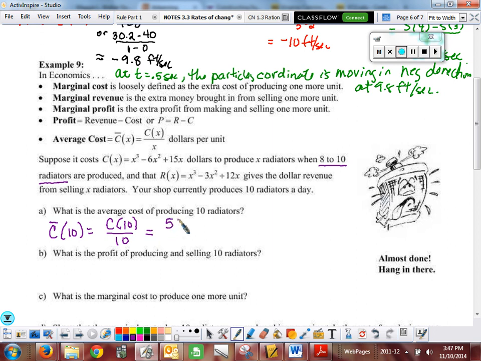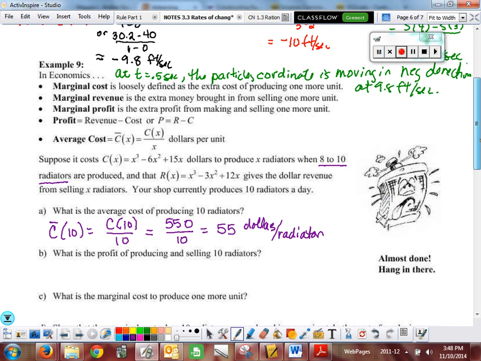You're going to get $550, which is how much it's costing you that day to produce those radiators, maybe in labor cost, the electricity for running your equipment, and the supplies you have bought. You divide that by 10, and that tells you it is currently, at this moment in time, costing you $55 per radiator in your production cost.